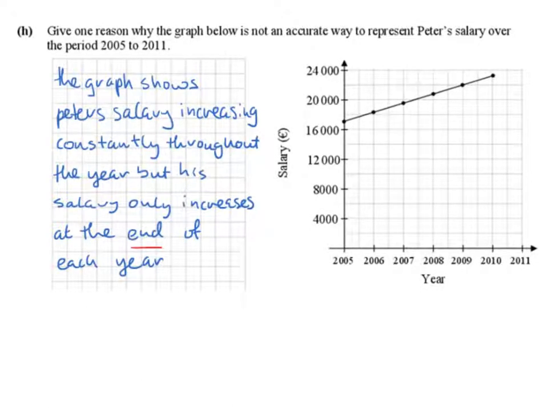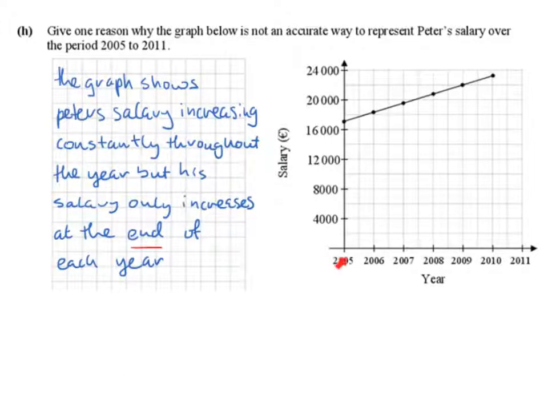So, although Peter's salary sequence is an arithmetic sequence, which is also a linear sequence, and it should show a straight line on a graph, we have to be a bit careful with this, because remember, Peter's salary only increases at the end of each year. So it's not going up by a steady amount every day or every month.